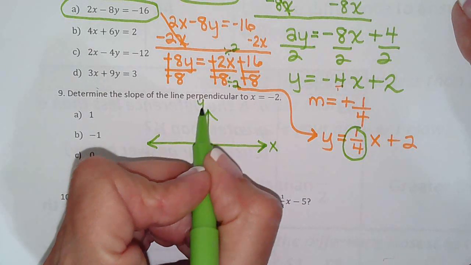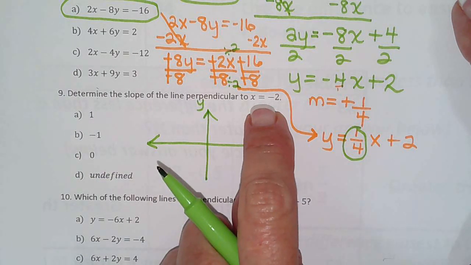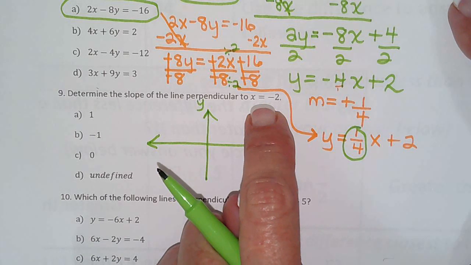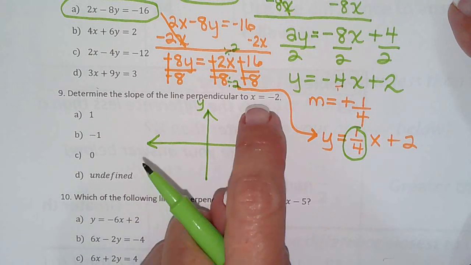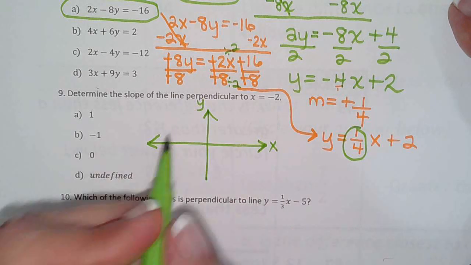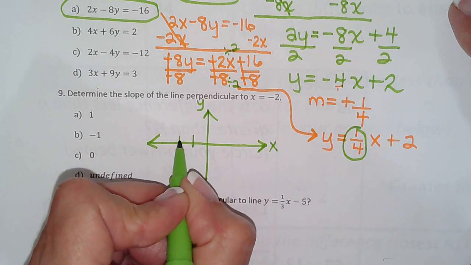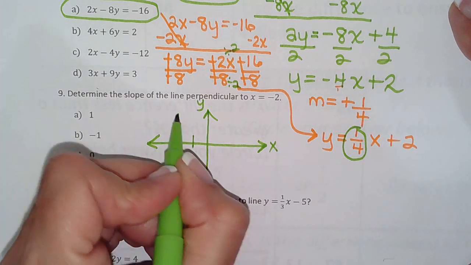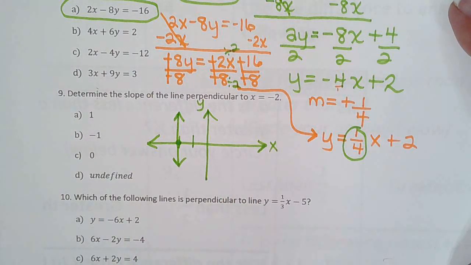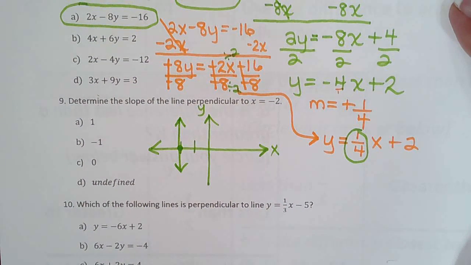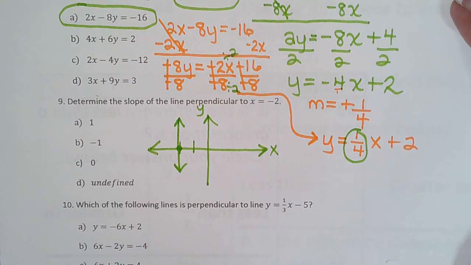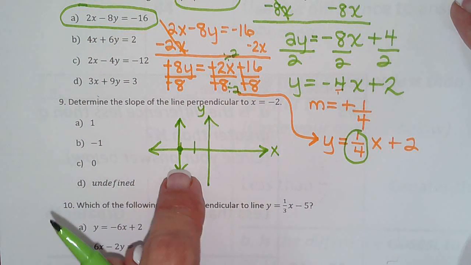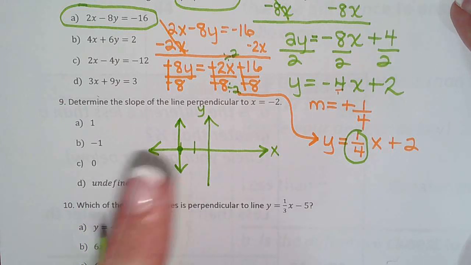See how this given line only has one variable, so that tells me it's either horizontal or it's vertical. This tells me it only goes through the x-axis at negative 2, so that means it is vertical. So anytime I see a special case, I go straight to the graph, because everything can be read from the graph.